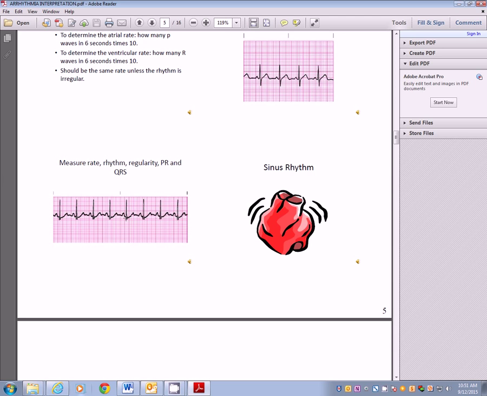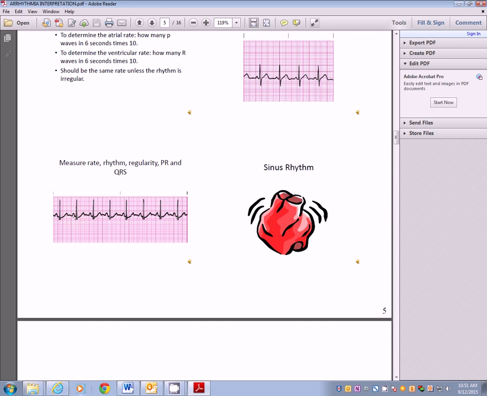This would be a normal sinus rhythm because there's a PQRS, PQRS, PQRS, and they all look the same. So it's a regular rhythm. It's normal sinus rhythm. Then you would go back and measure your PR intervals, from the beginning of the P to the beginning of the QRS complex.